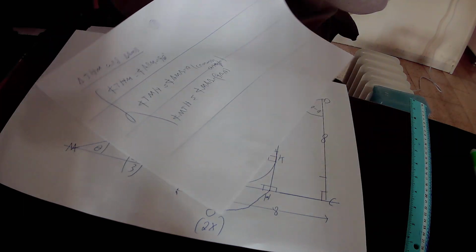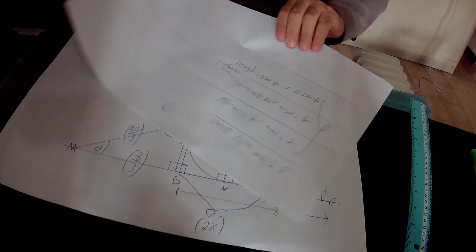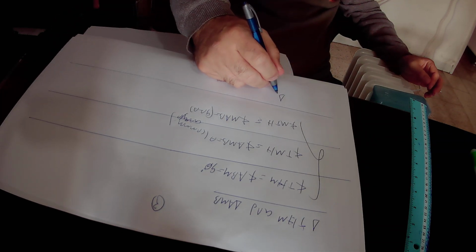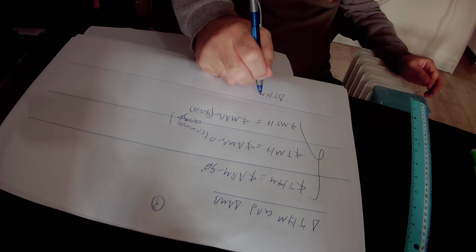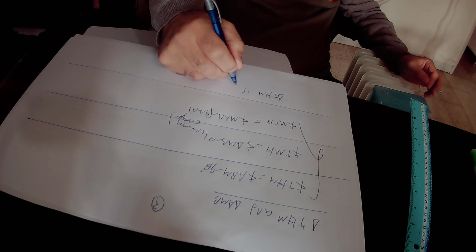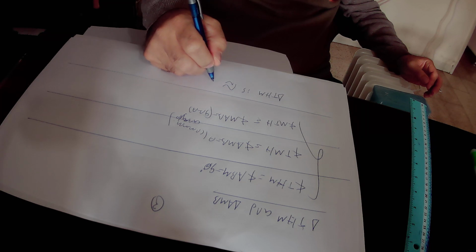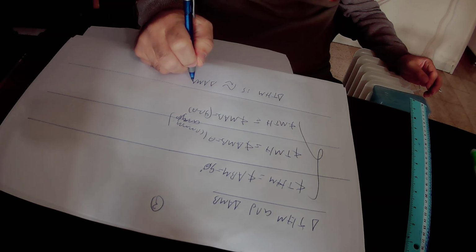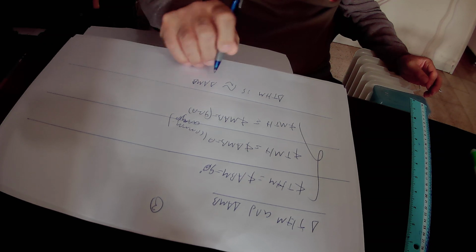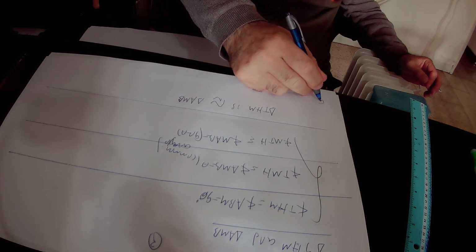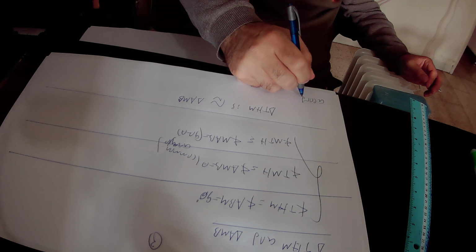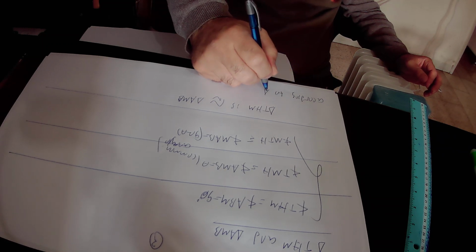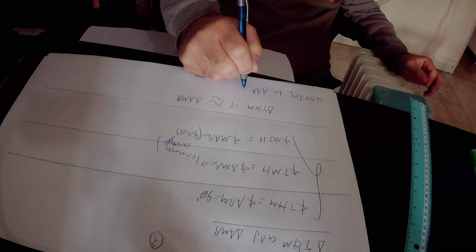So I write it down: the big triangle THM is similar to the small triangle AMB, according to angle similarity rule.